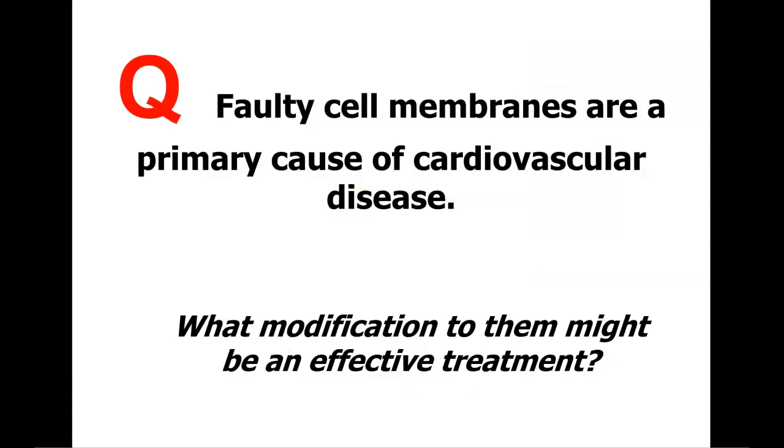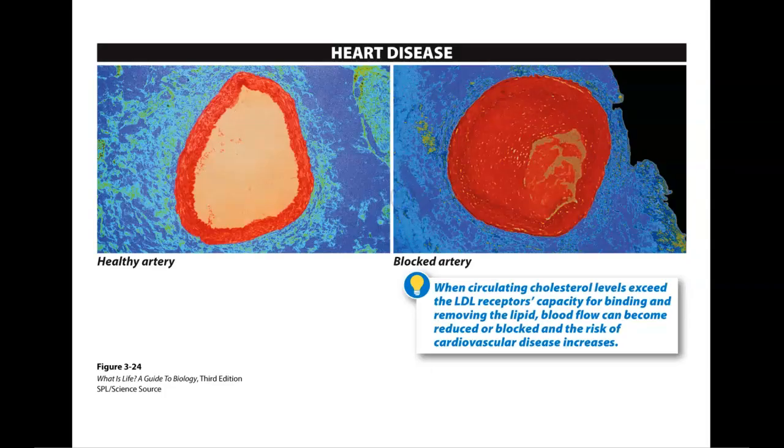Faulty cell membranes are going to be a primary cause of cardiovascular disease. So what modification to them might be an effective treatment? Looking here, that's referring to things such as arteries. With this artery, you see heart disease is going to be formed on the right side of the page. A healthy artery is going to be on the left side here.